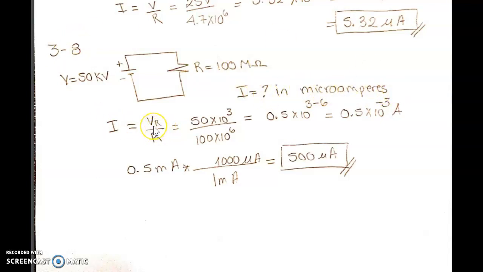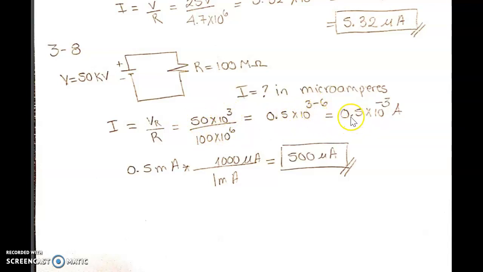So again, we have the voltage source divided by the resistor, so 50 times 10 to the power of 3. We are replacing the K by its equivalent, and we are replacing the mega by its equivalent. So we divide the 50 by the 100, we get 0.5, and now we subtract 3 minus 6.